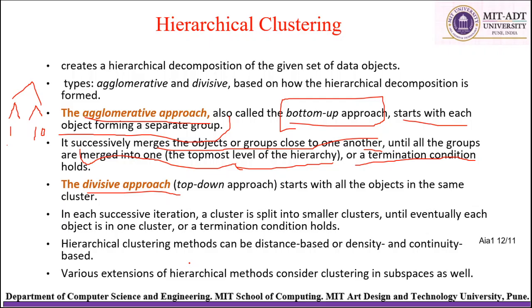So this is an iterative process. We go on dividing, splitting the clusters into smaller ones, and this process continues till some termination condition occurs, or we stop when there are no changes in the successive clusters formed. So this is how the divisive approach works.